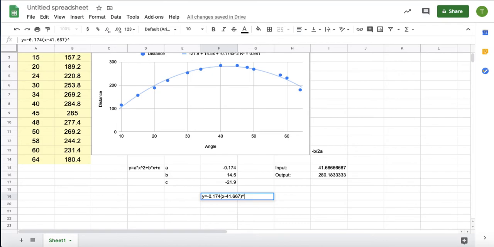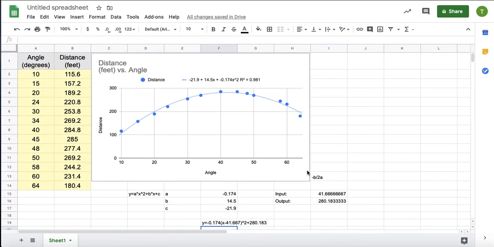Close the parentheses, squared, and then plus k, so plus 280.183. So here I've got my equation both in standard and now also in vertex form, and I can interpret the vertex, telling somebody, hey, at 41.67 degrees, you will maximize your output of 280.183 feet.